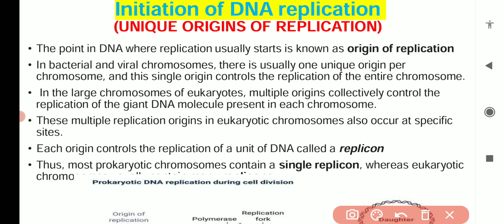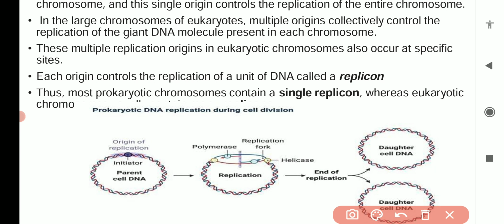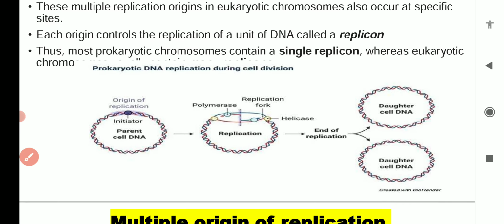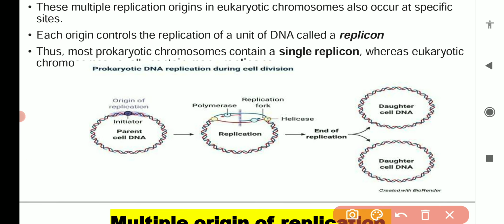So we can say most prokaryotic chromosomes contain a single replicon, but most eukaryotic chromosomes contain multiple replicons. In this image you will see the prokaryotic DNA, because we know that in prokaryotes a circular DNA molecule is there. So they have a single origin of replication.